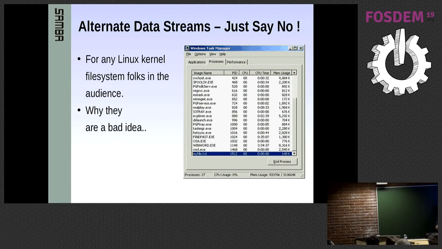And it's his personal reason why alternate data streams, this ability to have multiple different streams inside a file, is a terrible idea. What it shows is the Windows Task Manager, because Windows has alternate data streams, running a list of processes, and if anyone's familiar with Windows processes, they're the standard ones: spoolsv, svchost, explorer, you name it. Then at the bottom, there's a process running called myfile.txt.